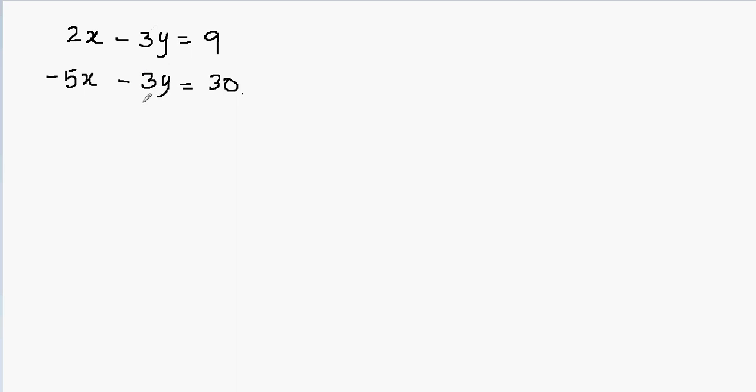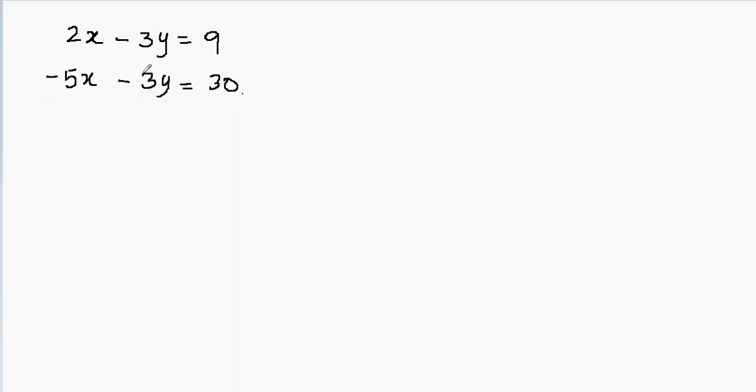So in the elimination method, the first thing you do is look for the same coefficients. Yes, we do have the same coefficients here. If they have opposite signs, suppose this is -3 and this is +3, you add the equations.